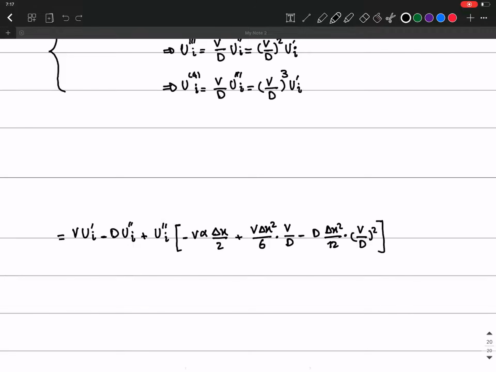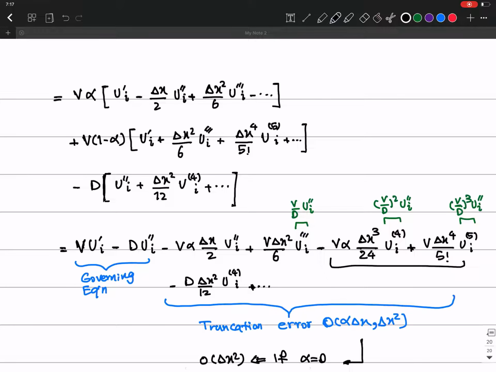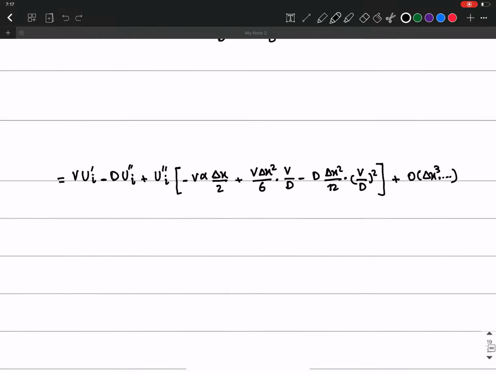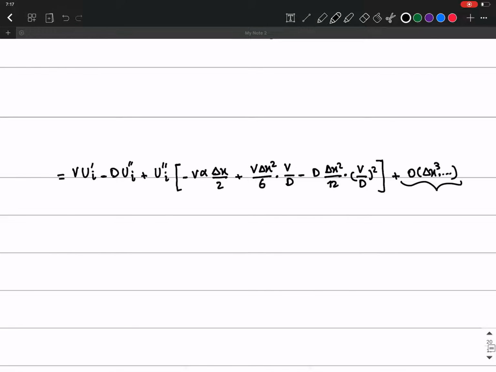Okay, the factor. These are first and second order terms, plus other terms which are order delta x cubed and higher order terms, right? Because these are delta x cubed and delta x to the power 4, I just write order delta x cubed and other higher order terms, okay?